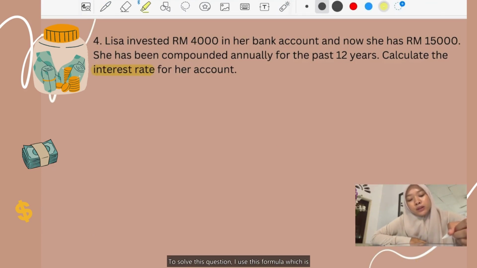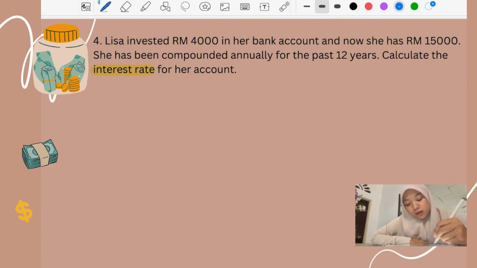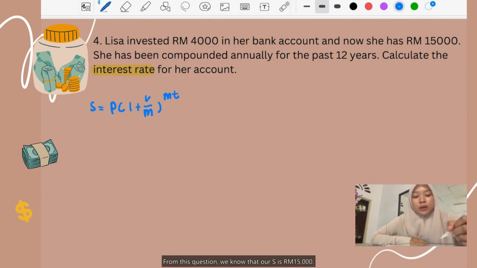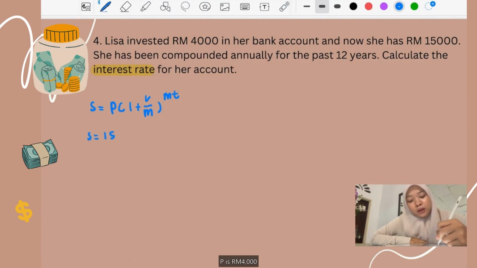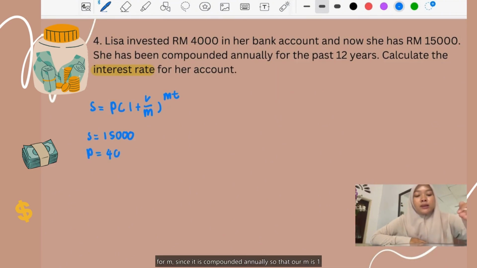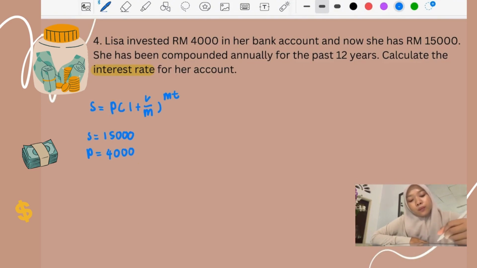To solve this question, I use this formula, which is S equals P times 1 plus R over M, to the power of MT. From this question, we know that S is 15,000, P is 4,000. For M, since it is compounded annually, M is 1. And the last one, T, is 12.